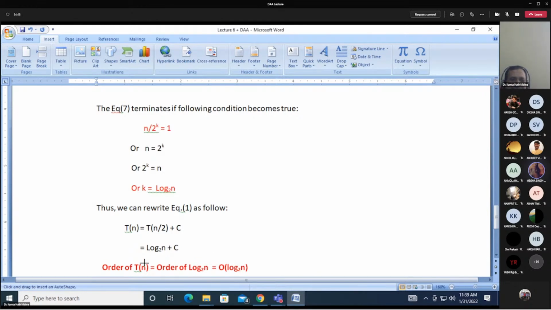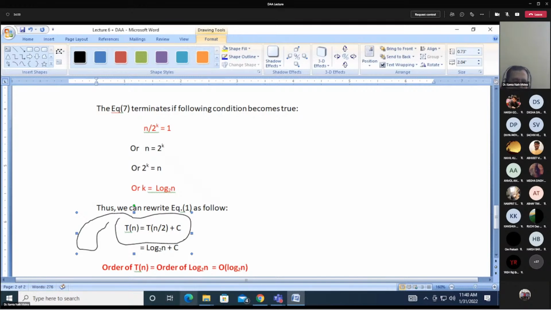Sir, Tn is equal to Tn by 2 plus C. And what was your second equation? The second equation was n replaced by n by 2, so Tk equals Tk by 2 plus C. Anyway, we have to use the first equation.